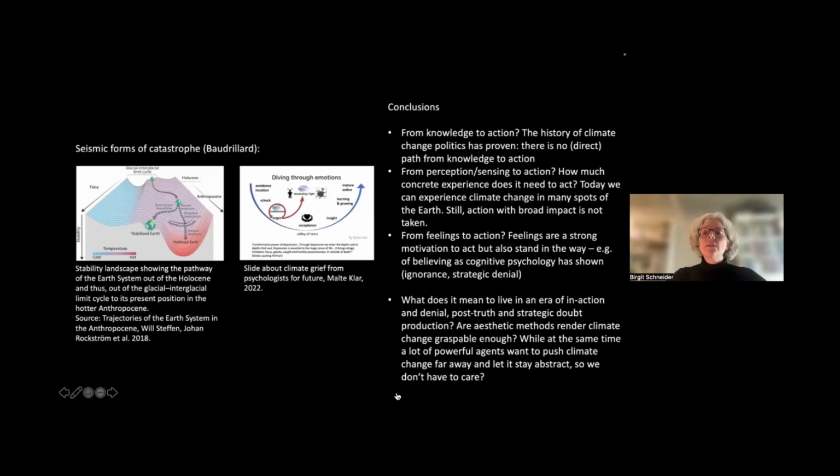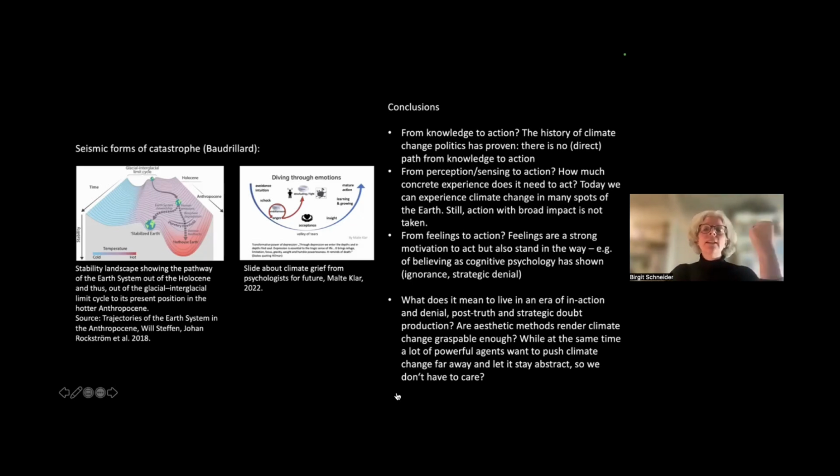But I would say the history of climate politics has proven that there is no direct path from knowledge to action. We have to acknowledge that there is no direct path, or maybe even no path, from knowledge to action. That's what I want to say.